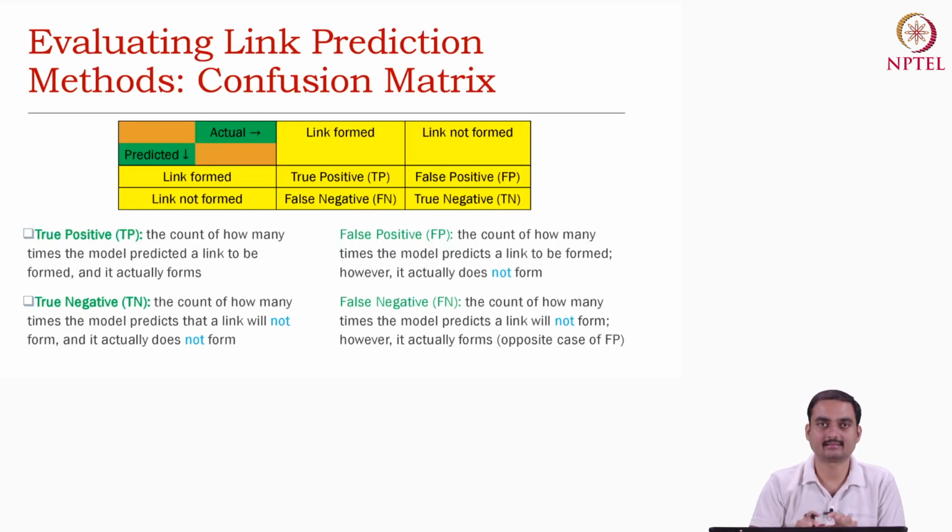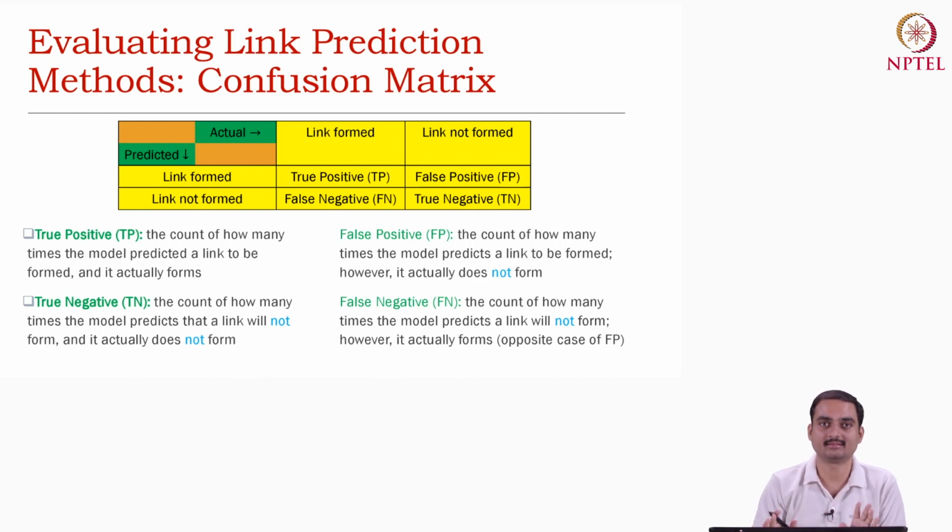Since this is a classification problem, how do we evaluate a classification problem? If you are familiar with a binary classification problem, we generally draw a confusion matrix. A confusion matrix is a way to understand the false positive, true positive results, right.